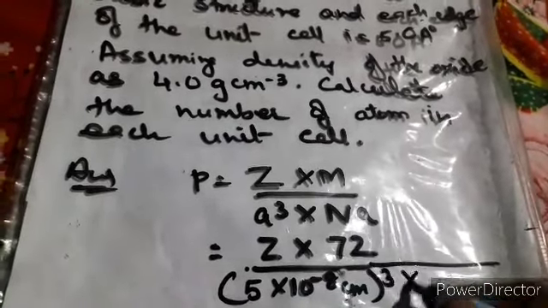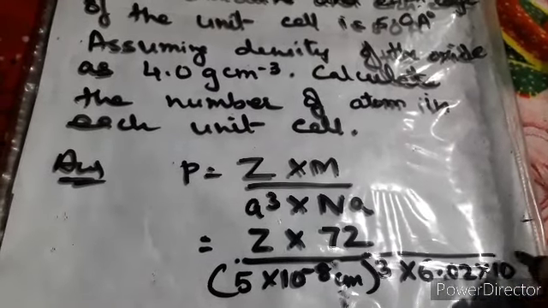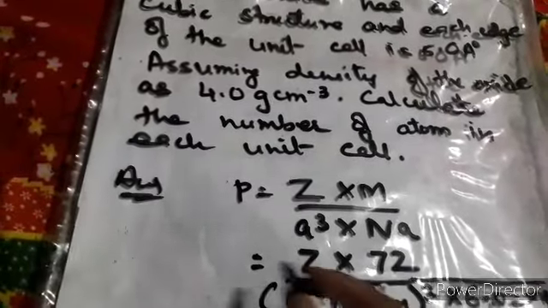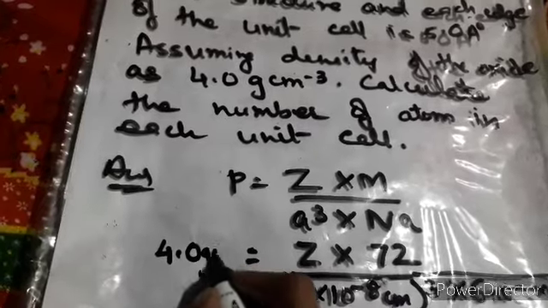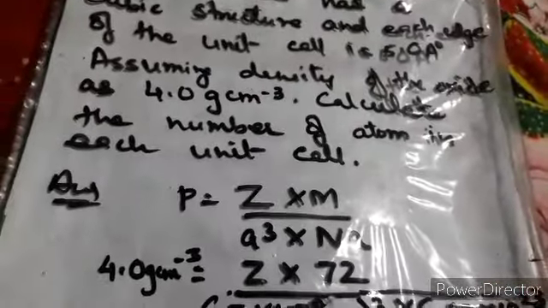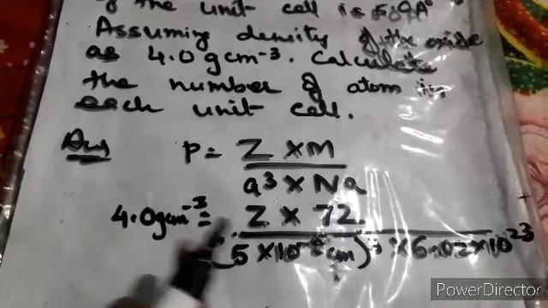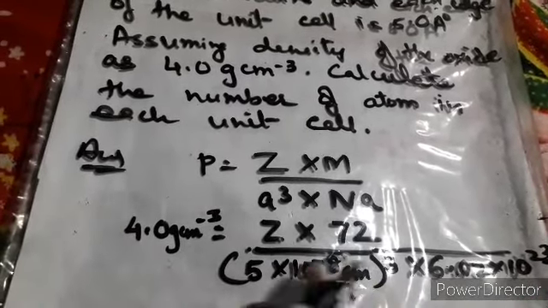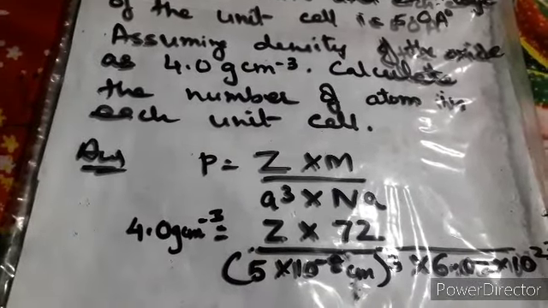And Avogadro's value they have given as 6.02 into 10 raised to power 23. Now put the value of density also, 4.0 gram per centimeter cube. It's not necessary to put the units, but it's your first numerical, so I am telling you how you can easily convert it and remove it.